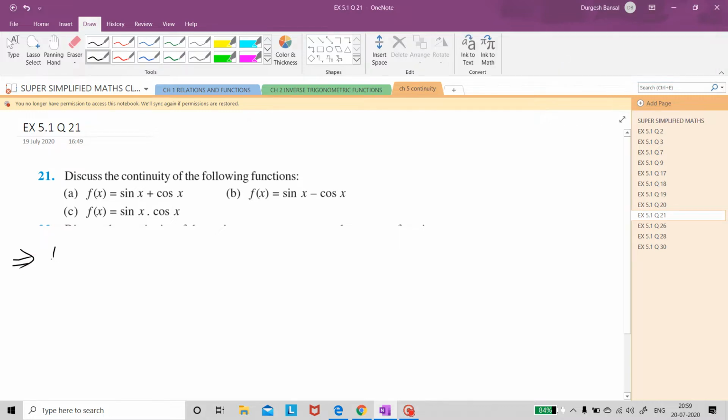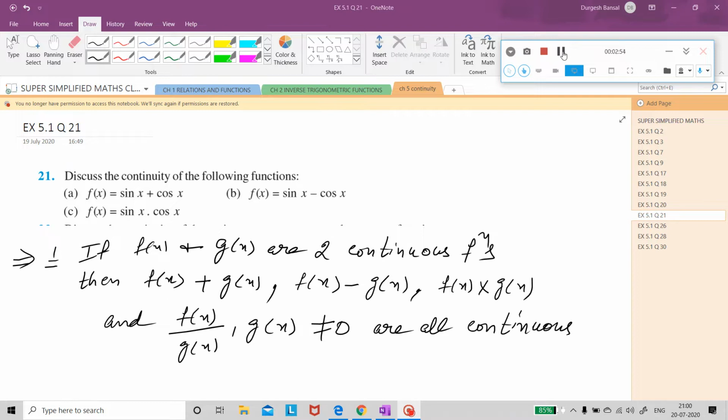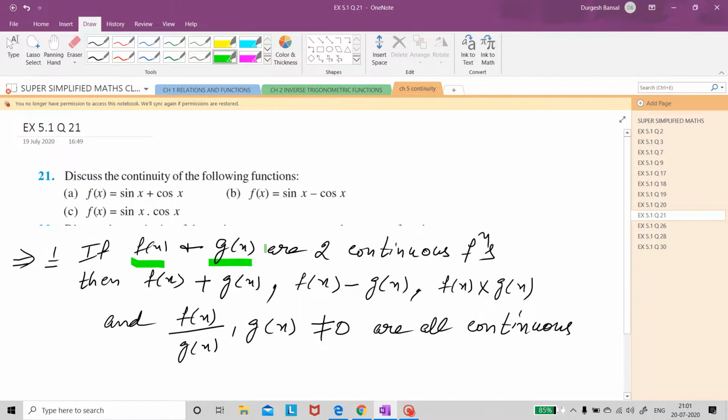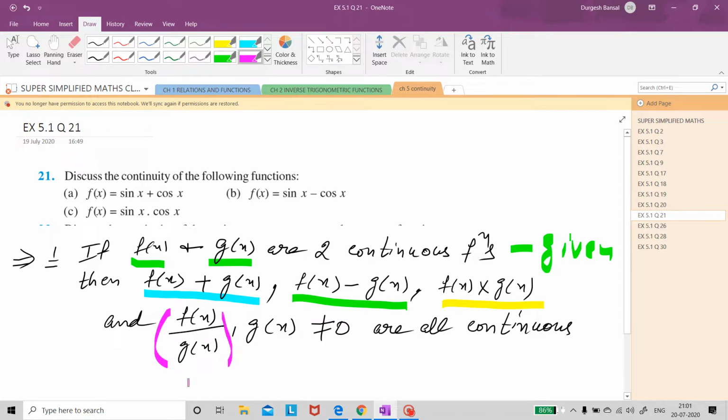First one is that if f(x) and g(x) are two continuous functions, then their sum f(x) plus g(x) will be continuous, their difference f(x) minus g(x) will be continuous, their product f(x) into g(x) will be continuous, and their quotient f(x) upon g(x) will also be continuous provided g(x) is not 0.